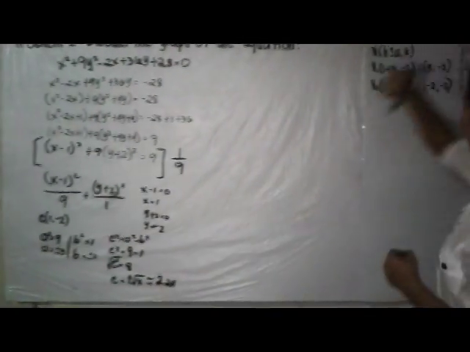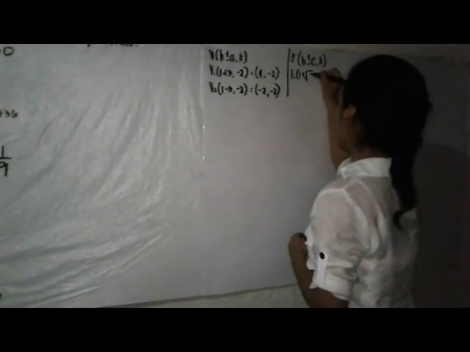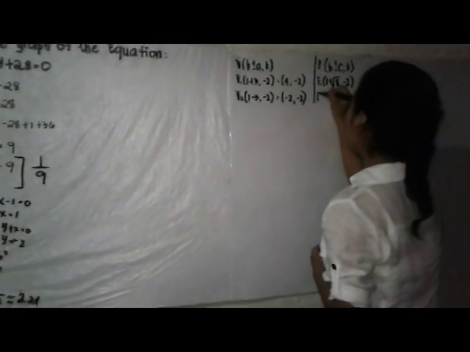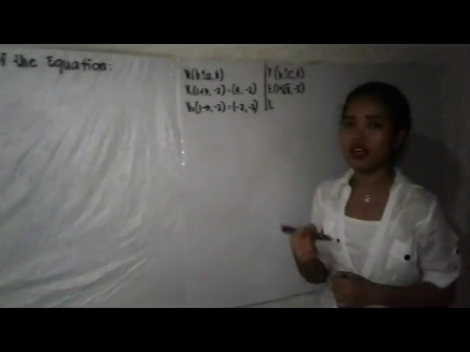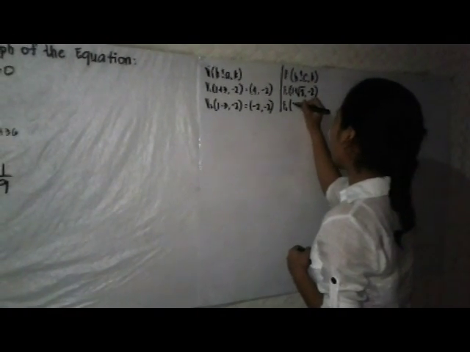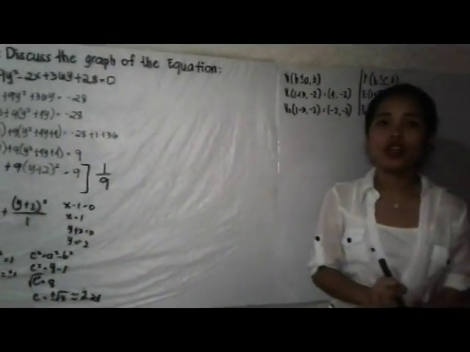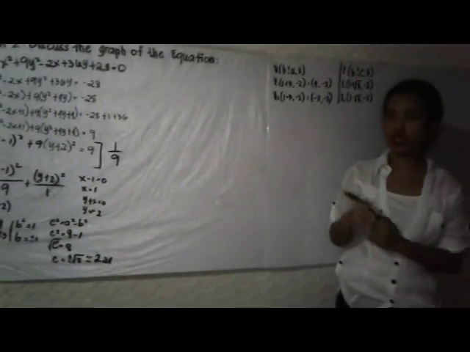Our h is positive 1, then our c is positive square root of 8, then our k is negative 2. Then our focus 2, substituting h minus c, k, so we have 1, negative square root of 8, and negative 2. And now, let us proceed to find our major axis.